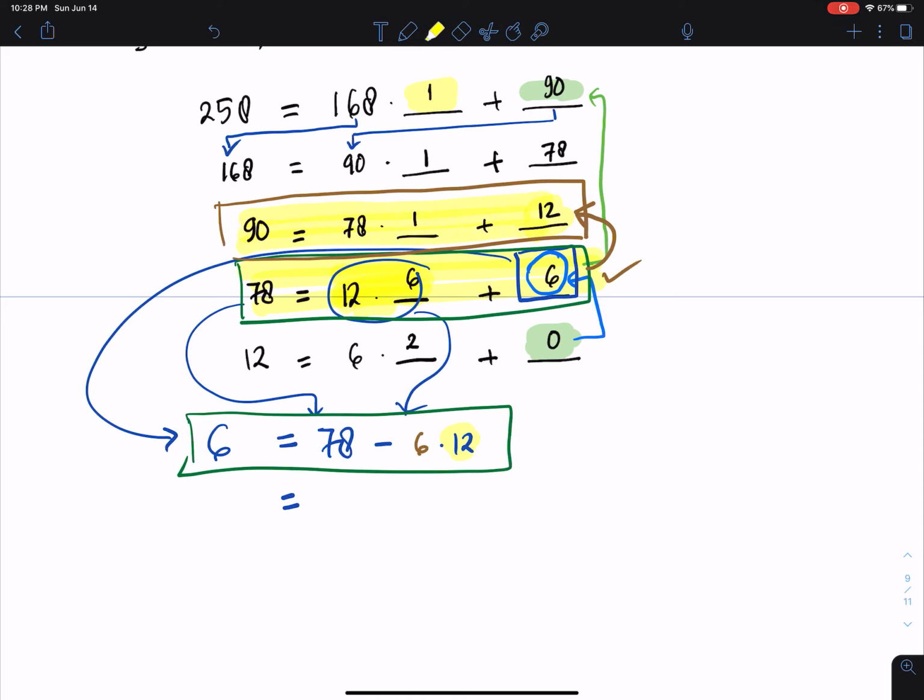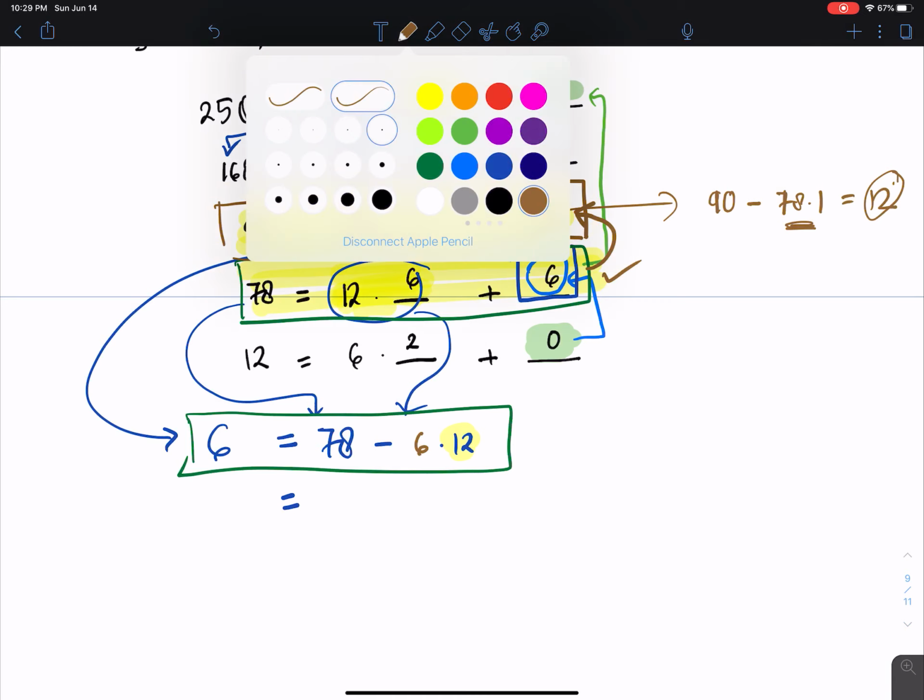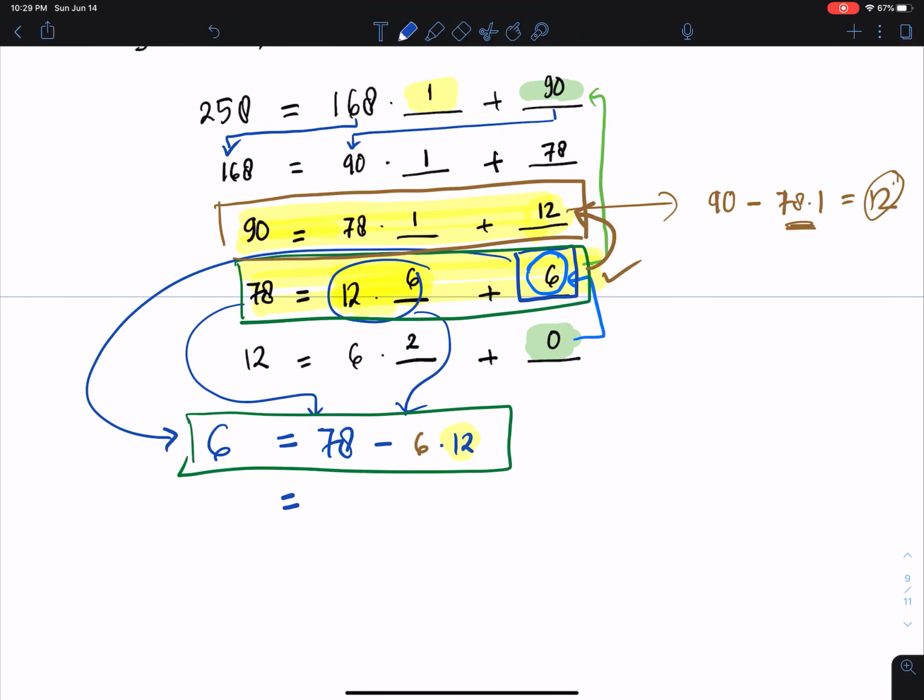So what will be 12 in this row? If I write that down, it will be 90 minus 78 times 1 equal to 12, isn't it? So I just move 78 to the other side. And this is the 12 that we would like to have.